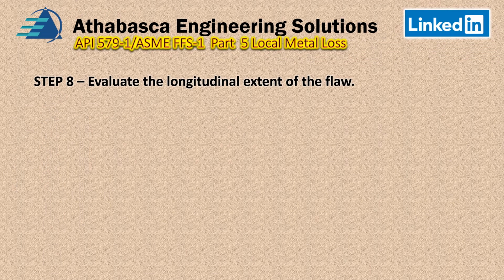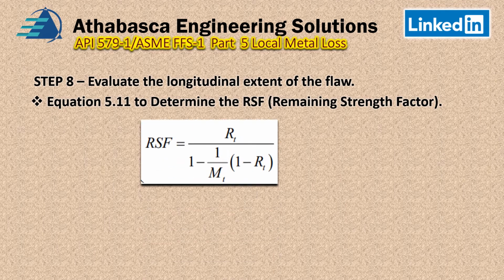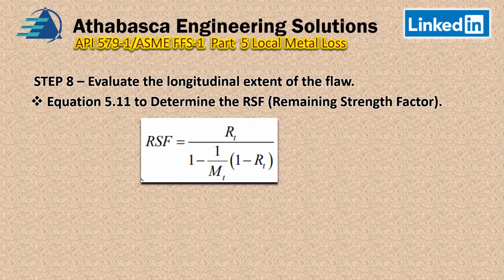Okay, so we're going to continue with this here. This gets easier after we get the flaw factor done. So we're going to determine the remaining strength reduction factor, so we can determine whether this is acceptable. So we use that equation, and you can recall down here we used MT, and of course our thickness ratios, and that's not too bad.